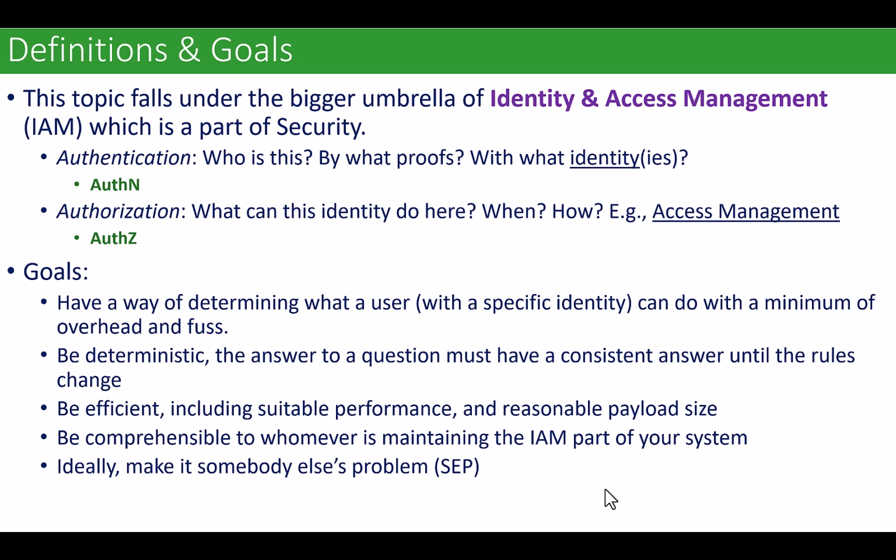So, username and password, or certificate, or two-factor authentication with an app or a dongle or whatever. That's who you are. And it will come back with one or more identities for the set of proofs that are supplied. And in this slide deck, and just sort of generally in the literature, we refer to that as AuthN, or authentication.